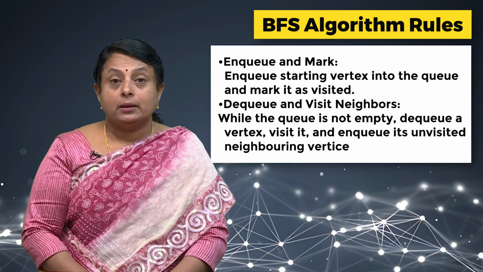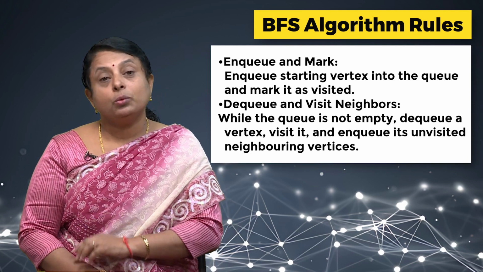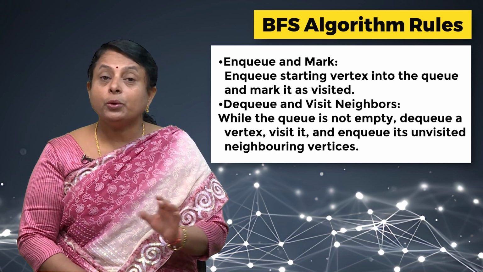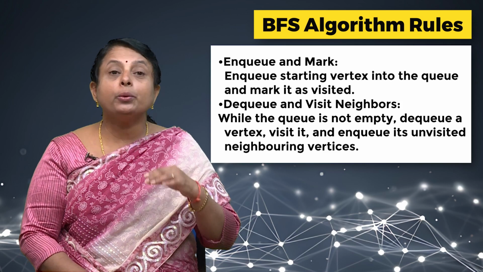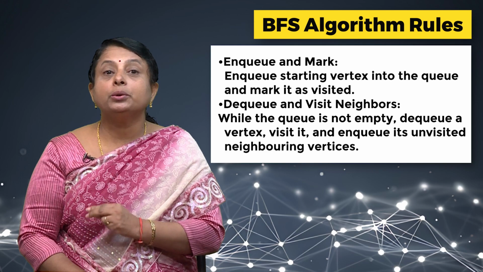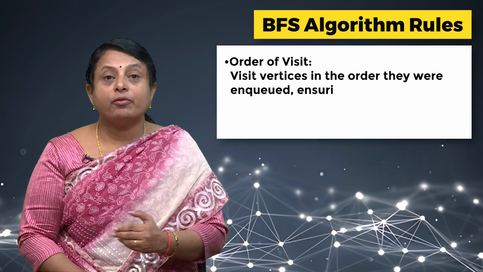Enqueue and mark: enqueue the starting vertex into the queue and mark it as visited. Dequeue and visit neighbors: while the queue is not empty, dequeue a vertex, visit it and enqueue its unvisited neighboring vertices.